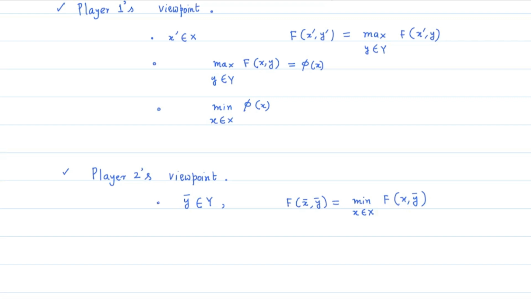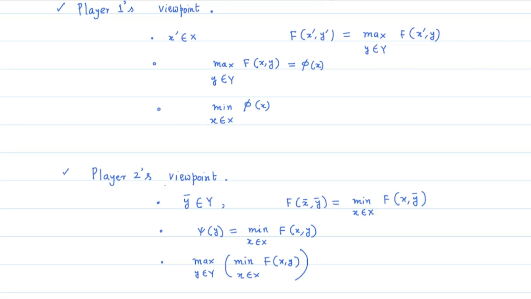And therefore player 2 will then identify the function psi(y), given by the minimum value over the set capital X of the function f(x, y). Then he will choose that particular strategy y for which this psi(y) gets the maximum value, because player 2 wants as much as possible to be taken out from player 1.